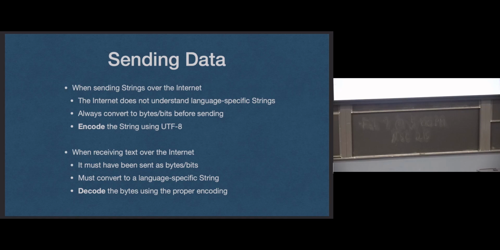Our string is language dependent. A Python str is not going to be understood by any other language. When we're sending over the internet, it's whatever language that browser's written in, probably C, or interpreted by the JavaScript in the browser. Neither of those languages are going to understand a Python str. It's not going to work. So we have to encode it into UTF-8 bytes.